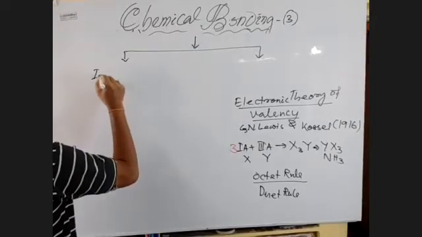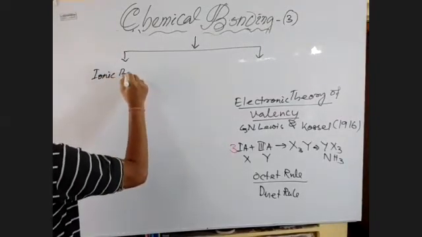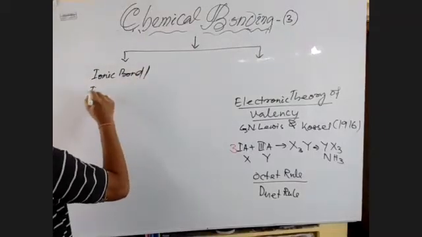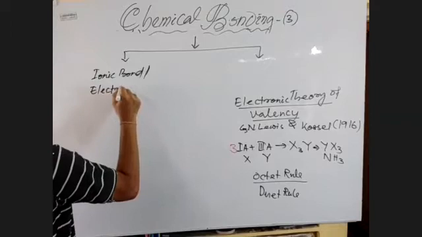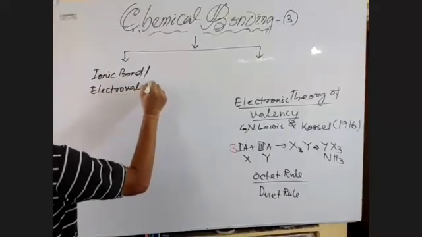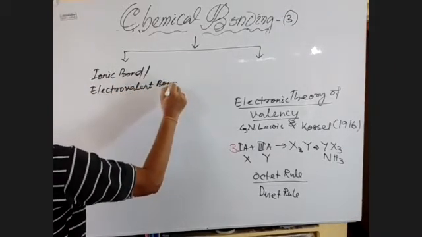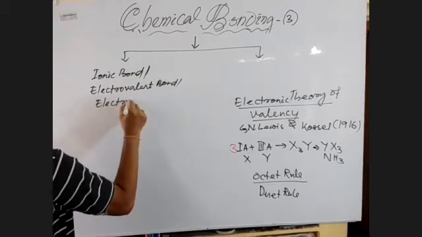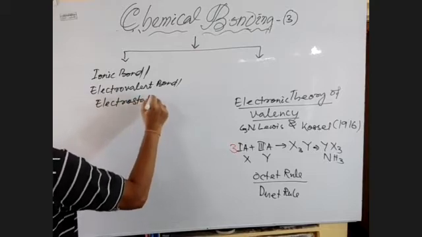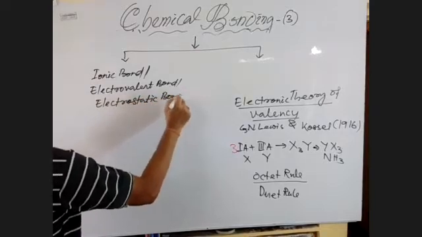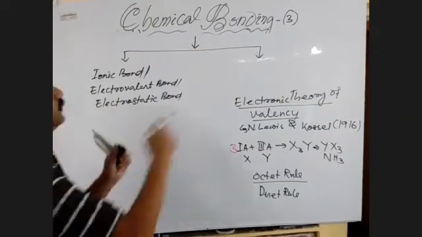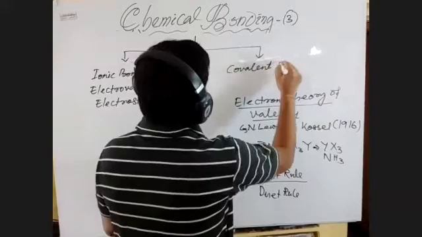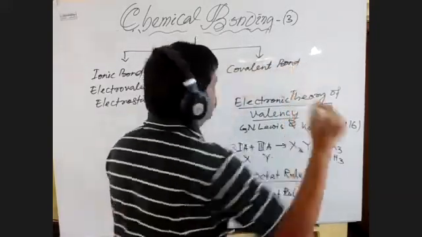One is called ionic bond, also called electrovalent bond, and also called electrostatic bond. These are the three names. And the second type we call covalent bond. So there are two options we got already.